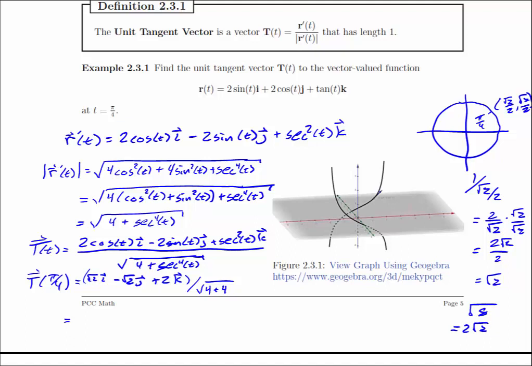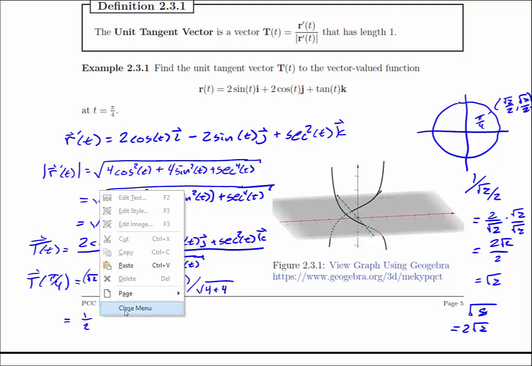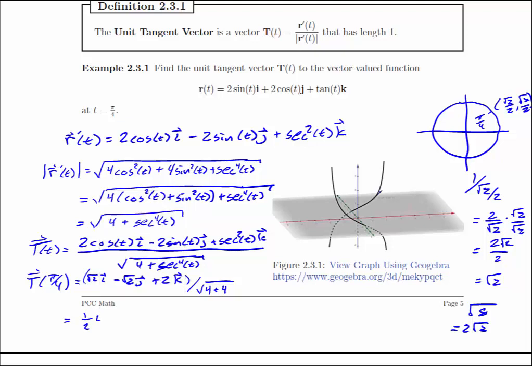So if I divide all of these by 2 root 2, I get 1/2 i minus 1/2 j plus 2 over 2 root 2 is 1 over the square root of 2, and 1 over the square root of 2 is going to be root 2 over 2 in the k direction.